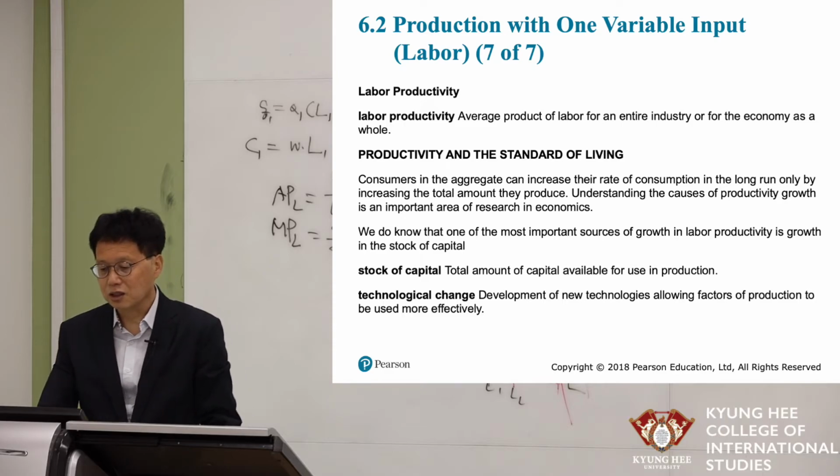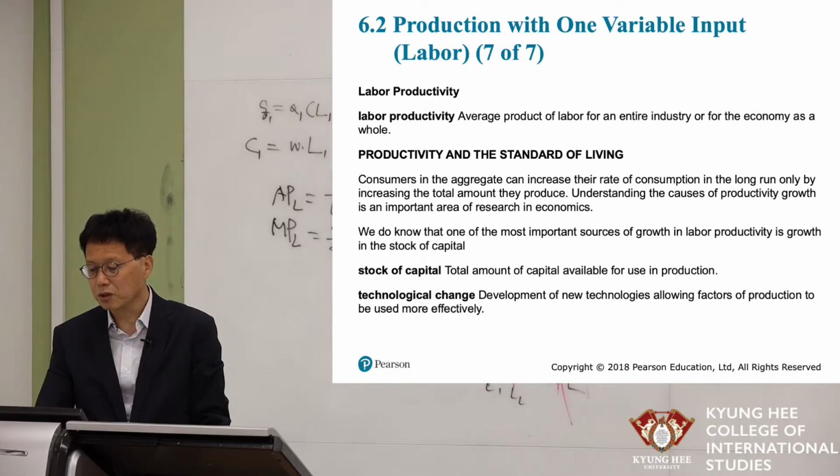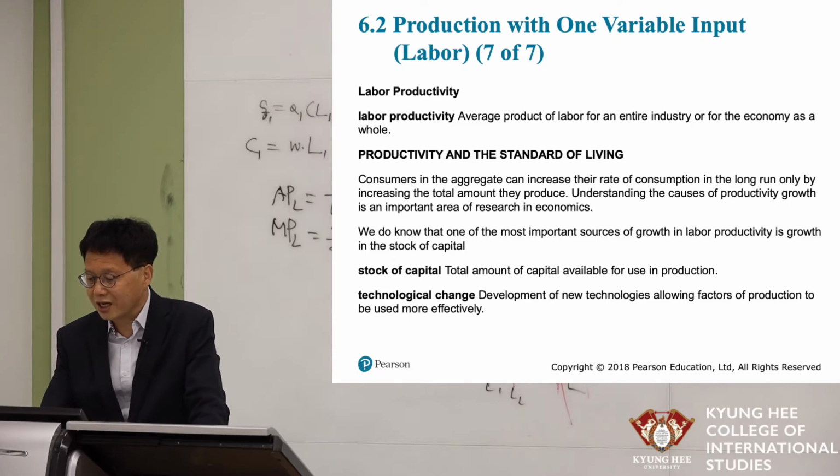Now we go to the next section. Production with one variable input, labor productivity. Labor productivity is the average product of labor for an entire industry or the economy as a whole. Productivity and the standard of living: consumers in the aggregate can increase their rate of consumption in the long run only by increasing the total amount they produce. I already emphasized this. You can consume more because production increases.